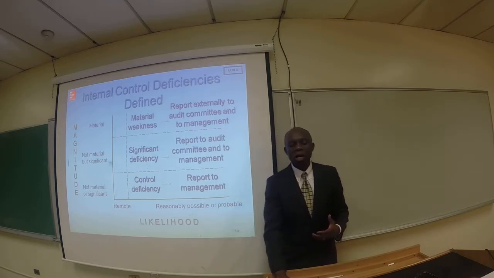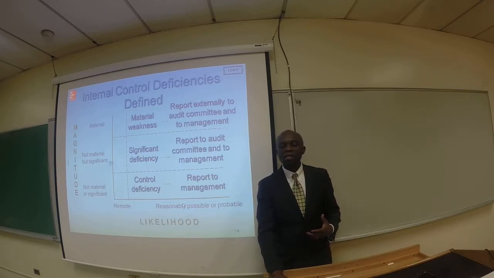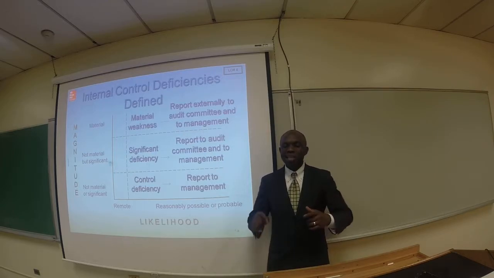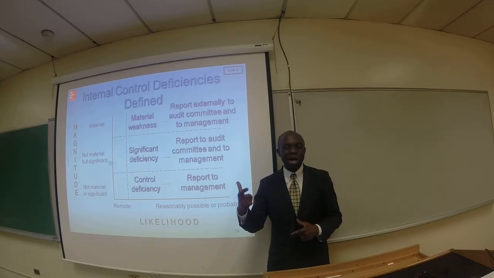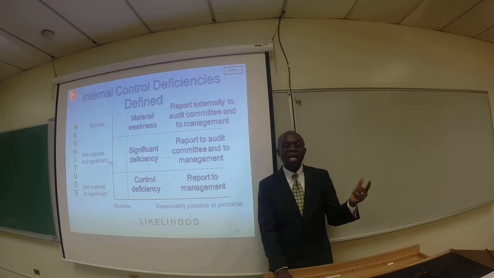All right? Now, on the right side, let's take a look at the likelihood. Here we have 2 possibilities: reasonably possible or probable. So if it is reasonably possible or probable that a misstatement would not be detected or prevented by the internal control, number 1. Number 2, let's take a look at the magnitude side.